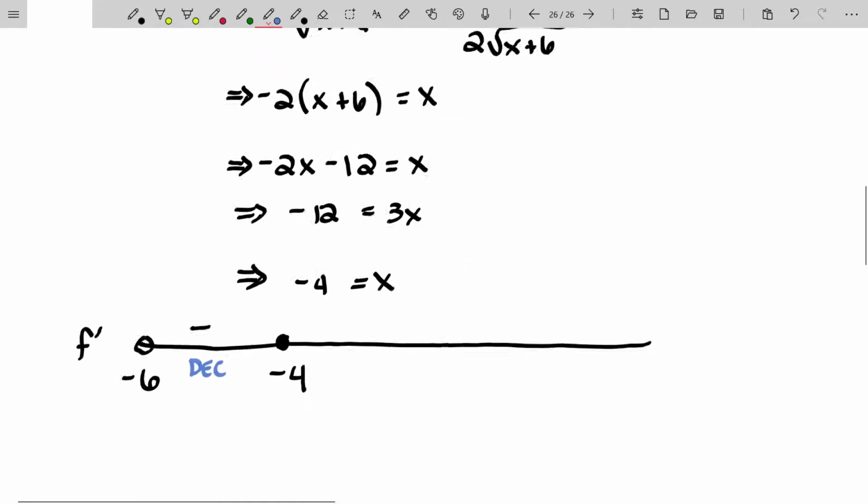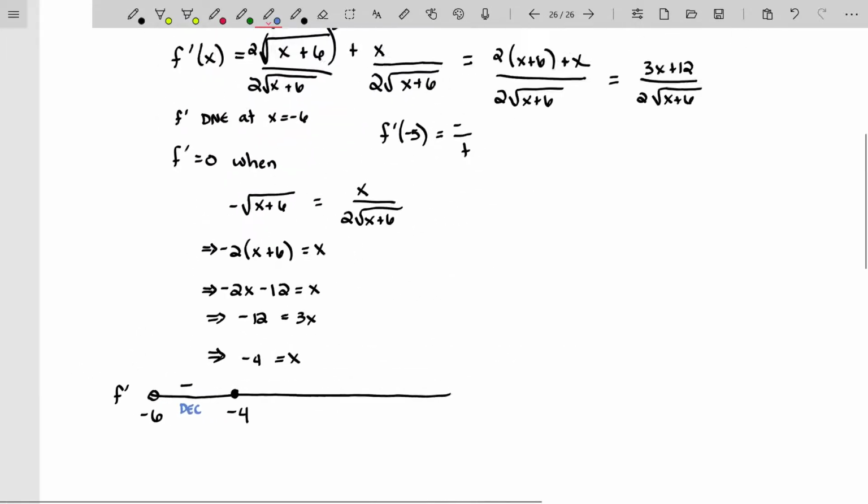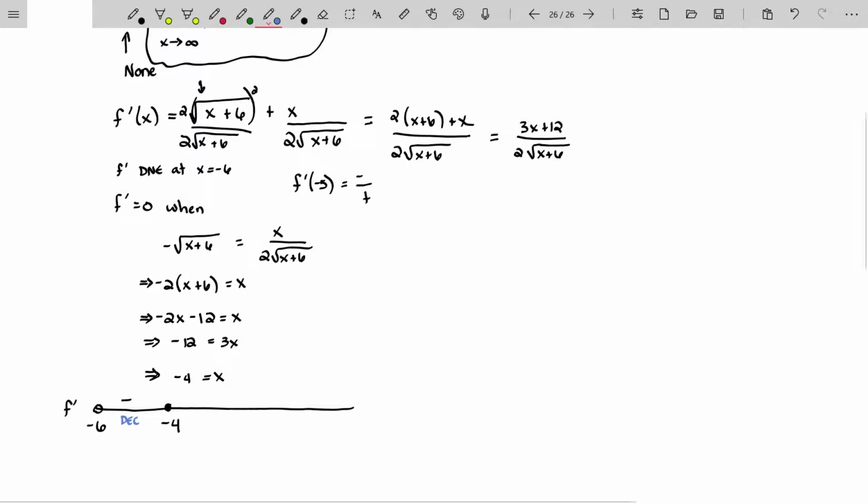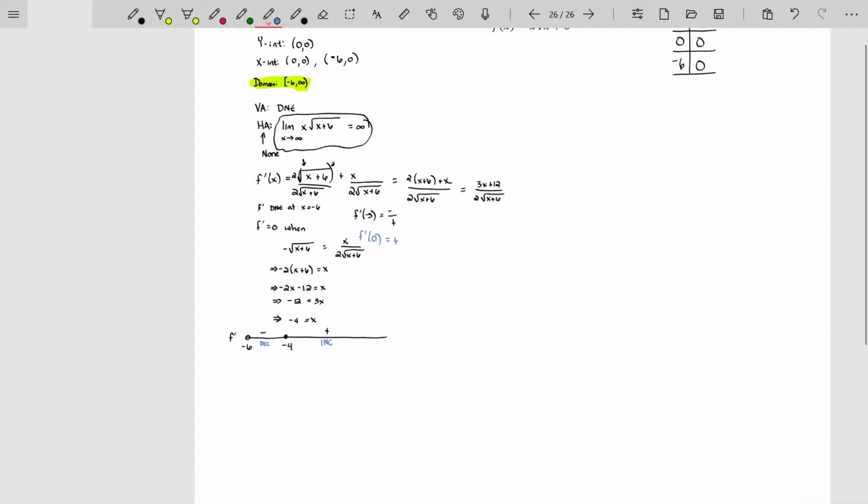Now plug in any number you want that's greater than -4. Probably 0 is a very nice one. F prime at 0 is positive. That's all that matters. So I know that the derivative is positive in this region, so therefore the function is increasing.